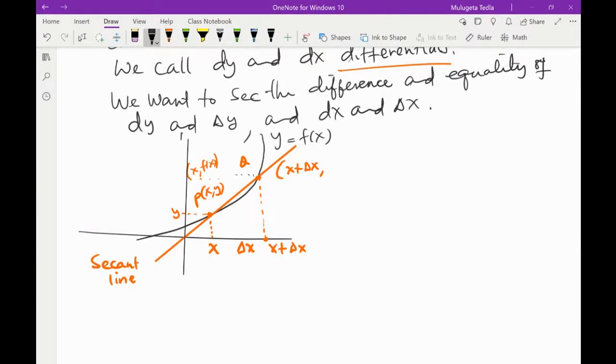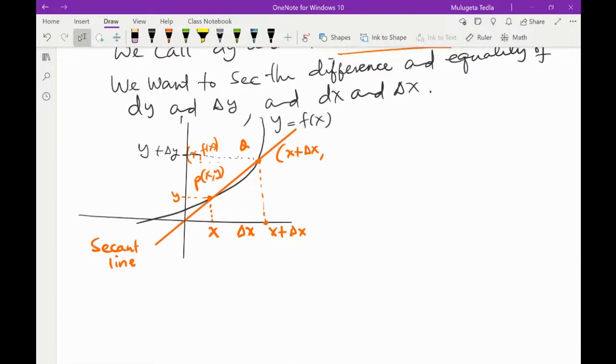So this is actually y plus delta y. Right? So here it is y plus delta y. This much is delta y. So is this one. If you make a triangle here, this is delta y. What is this? This is delta x.